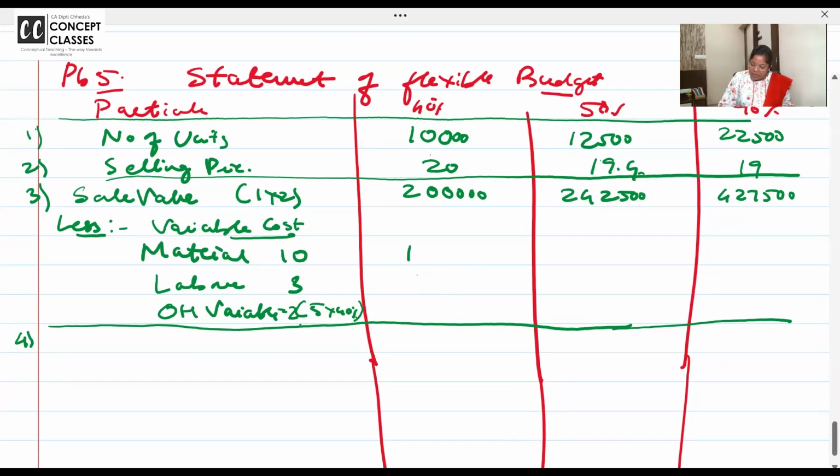Yes. 10,000 into 10, 1 lakh. 30,000, 20,000. Are you getting it? Yes, this question is very good.